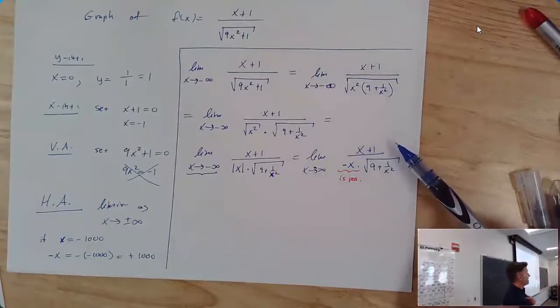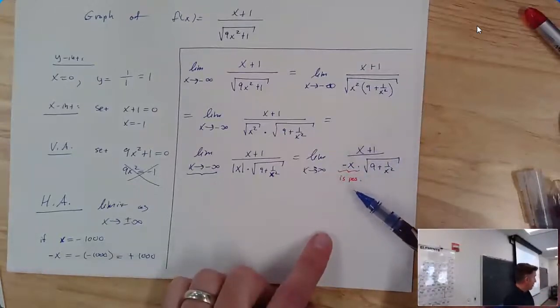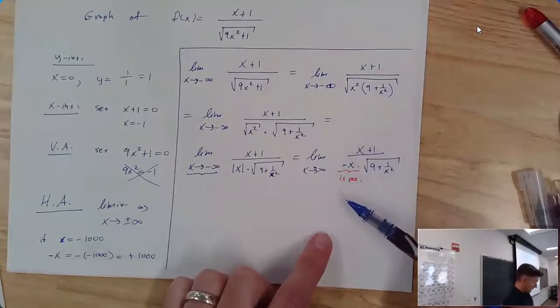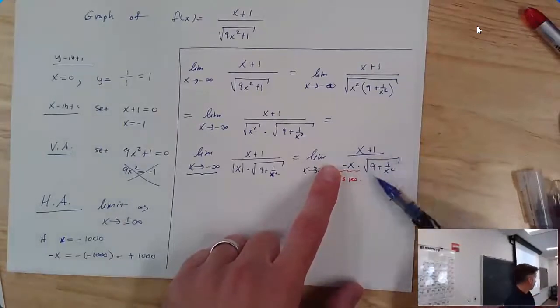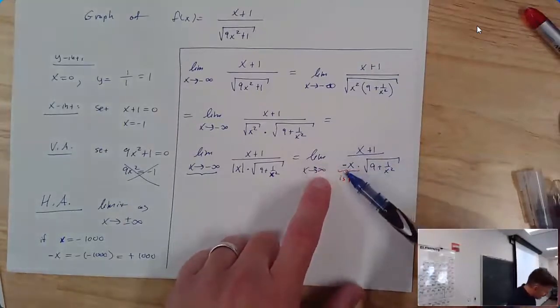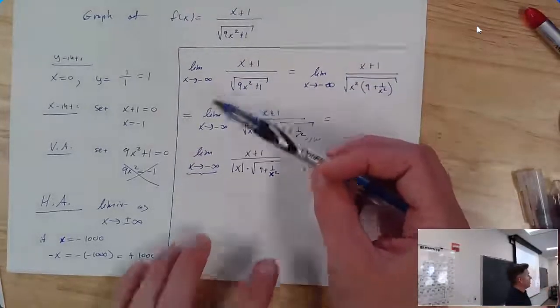And if x is going to negative infinity, pretend it's negative 1 billion. If I plug in a very large negative number for x in the denominator, is the denominator still positive? It is, because I have a negative times a negative big number, which is positive, and the square root always gives me a positive. So I need this negative sign here to make sure that the actual sign of my denominator is still what it's supposed to be.